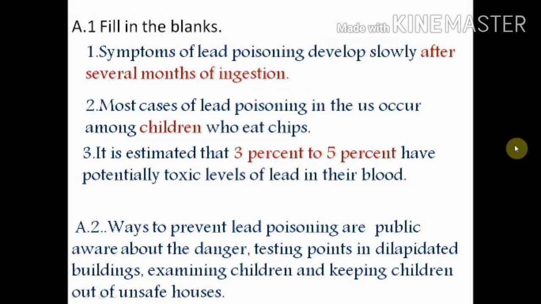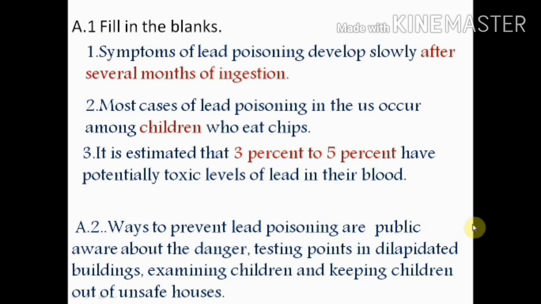Second statement: most cases of lead poisoning in the US occur among children who eat chips. Third, it is estimated that 3% to 5% have potentially toxic levels of lead in their blood. So friends, I have selected 3 statements from activity A1 with completed answers. Okay? Now, in the remaining part of the slide, we have the answer to activity A2.